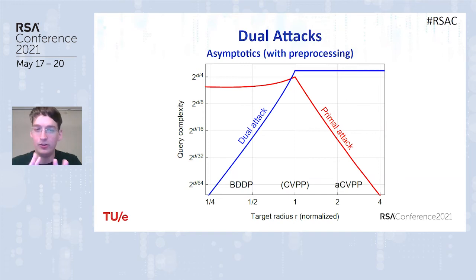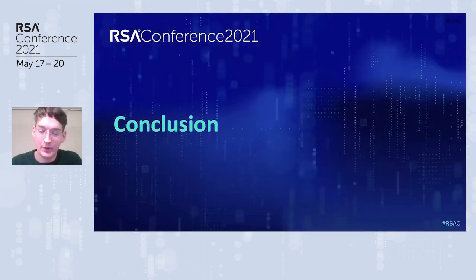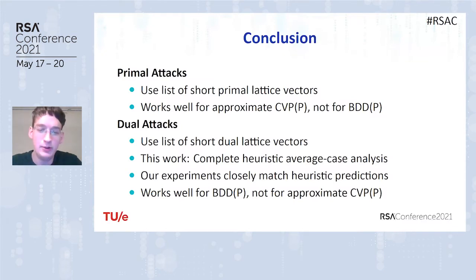So this is the simplest result that I can present in this short time. Just to briefly conclude the main contributions of our paper. For primal attacks, the approach is that you use a list of short primal lattice vectors, like these Voronoi cells, approximate Voronoi cells.